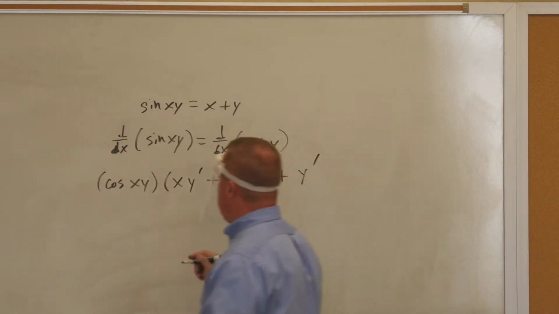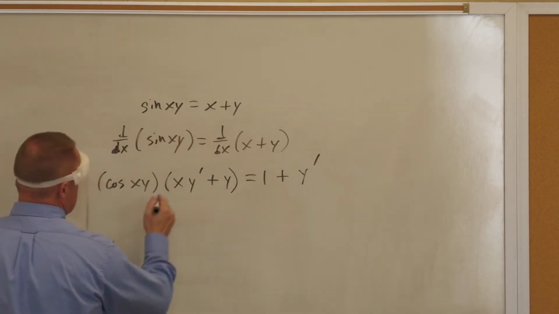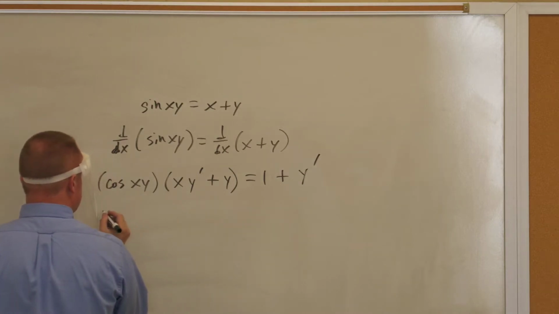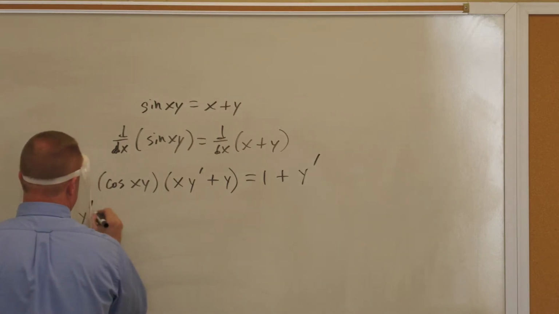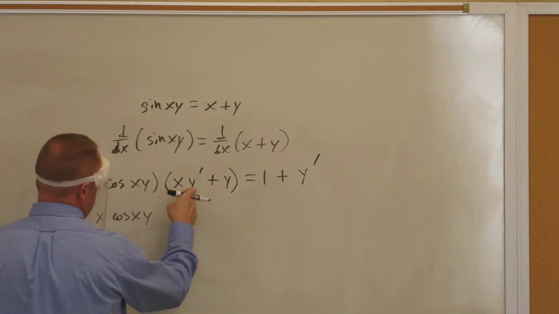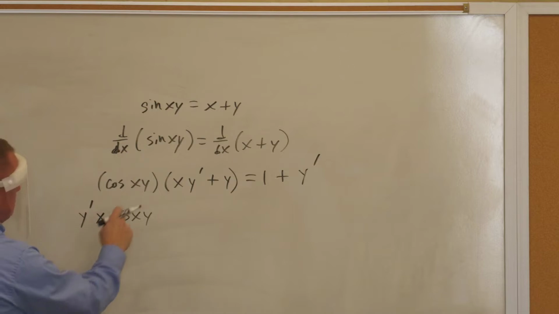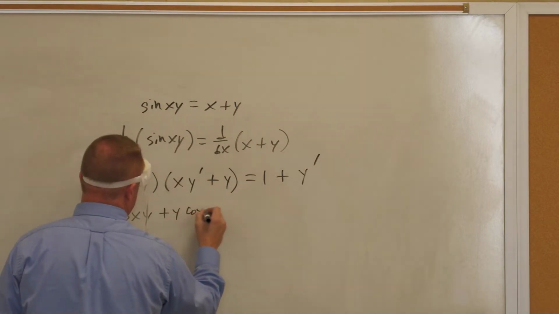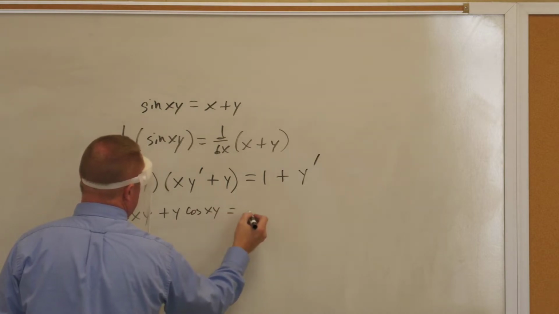All right, so now I need to distribute here. So let's write y prime times x cosine xy, so that's that one times the first one. Cosine xy times y, we'll say y cosine xy.